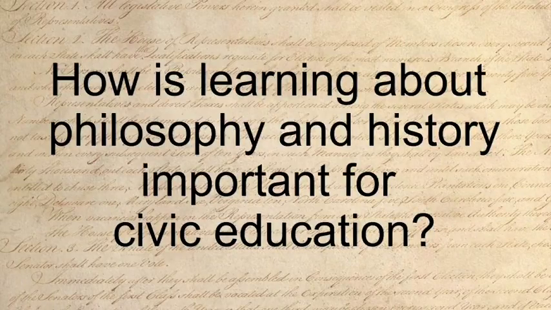Thank you. So let's talk about Unit 1 in very broad terms. As I mentioned, Unit 1 focuses on philosophy and history. Broadly speaking, how is learning about that background important for civic education? Well, societies, just like people, are a combination of their history and their ideas.